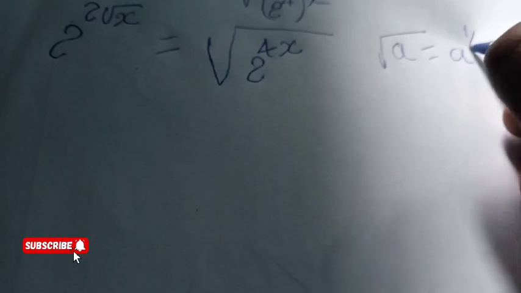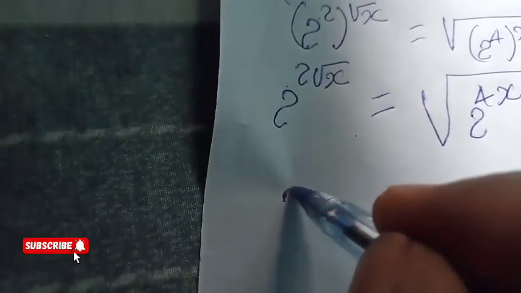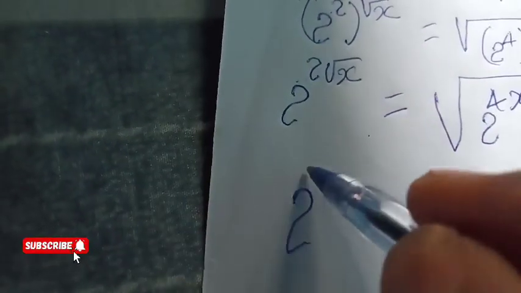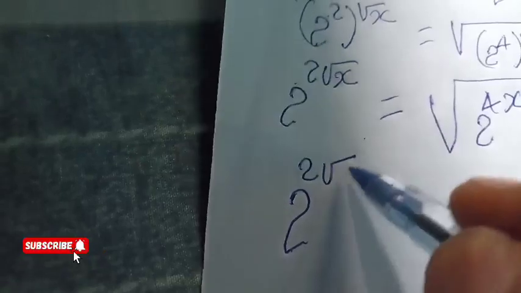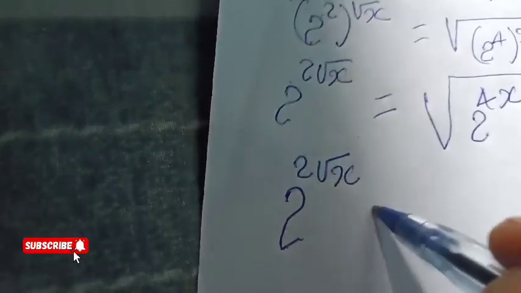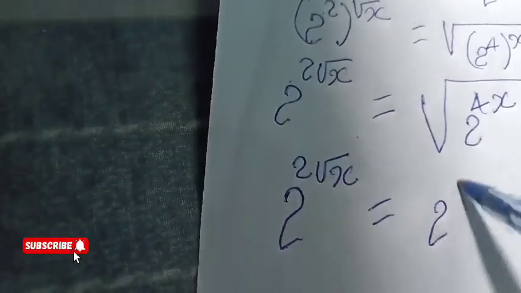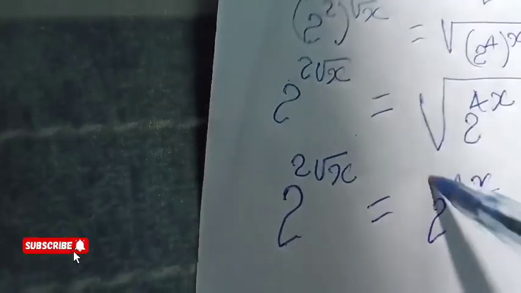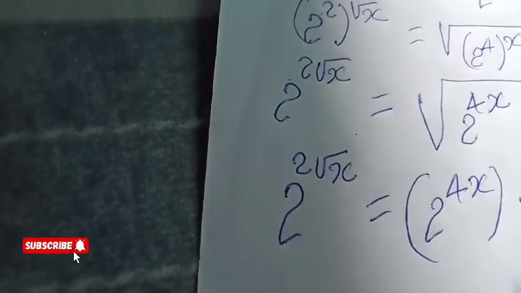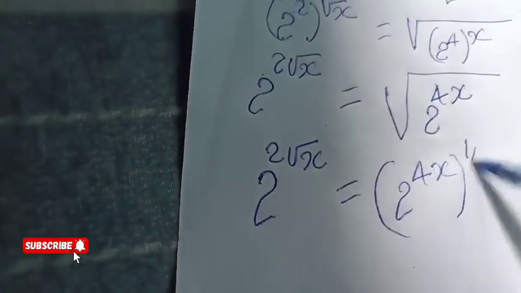Radical a is equal to a to the power of 1 over 2. So 2 to the power of 2 radical x is equal to 2 to the power of 4x, the power of 1 over 2.